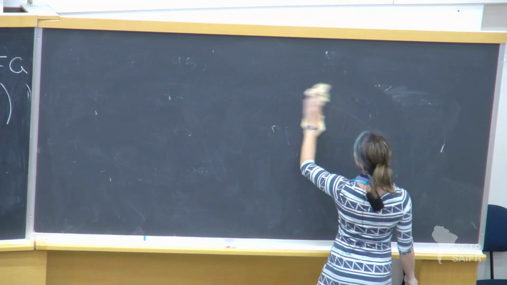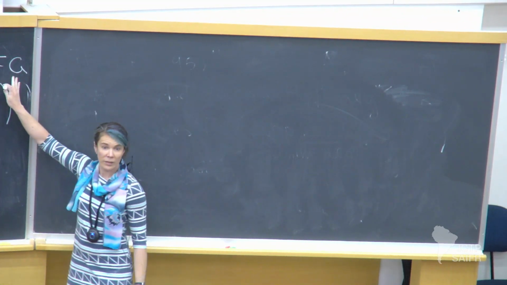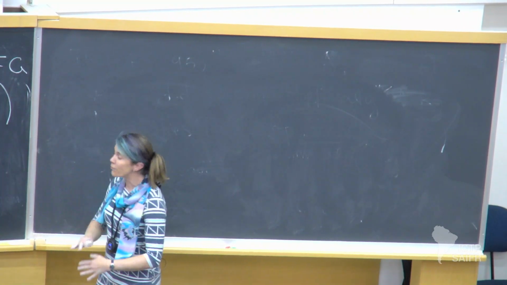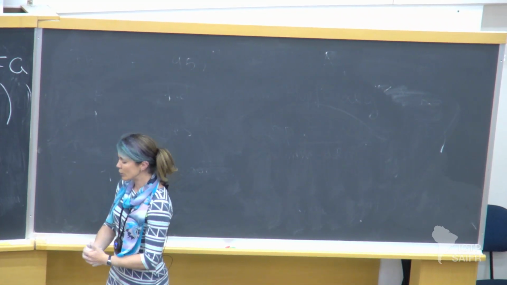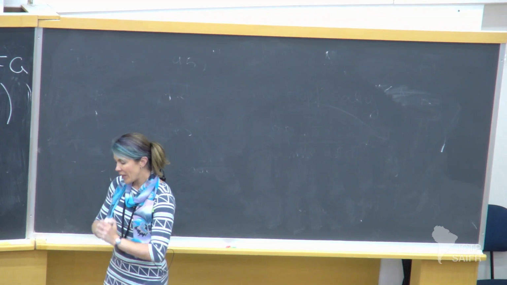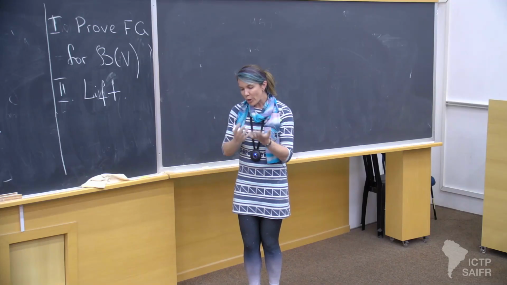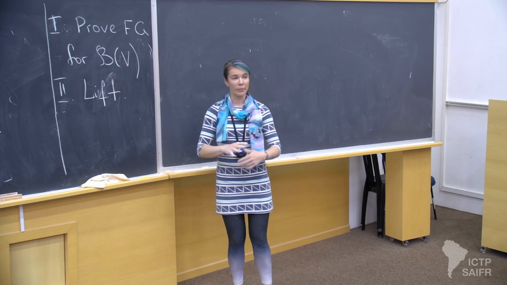I should say that basically all the work goes in here. So this is where we use the full force of classification. So we more or less know how Nichols algebras of diagonal type look.